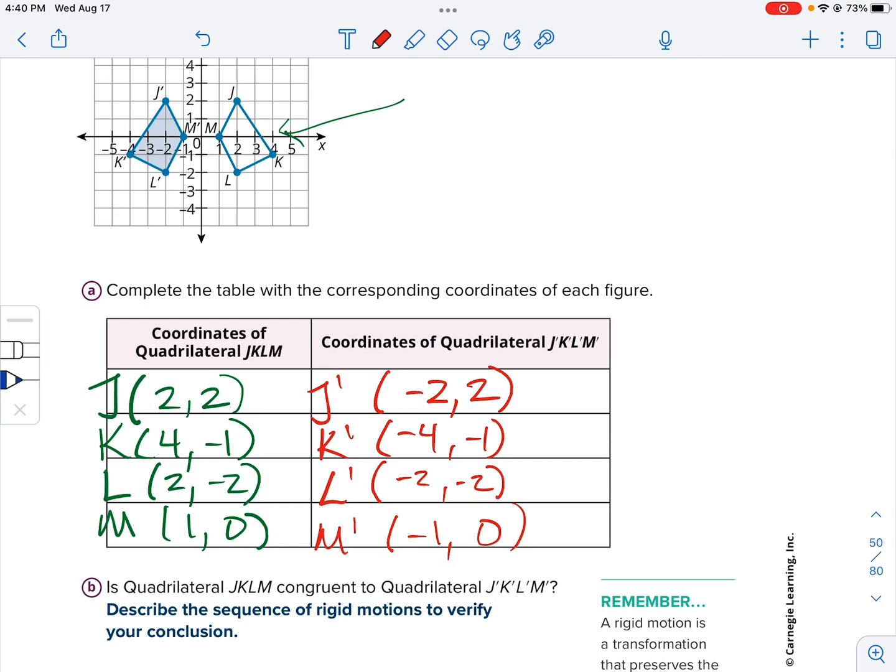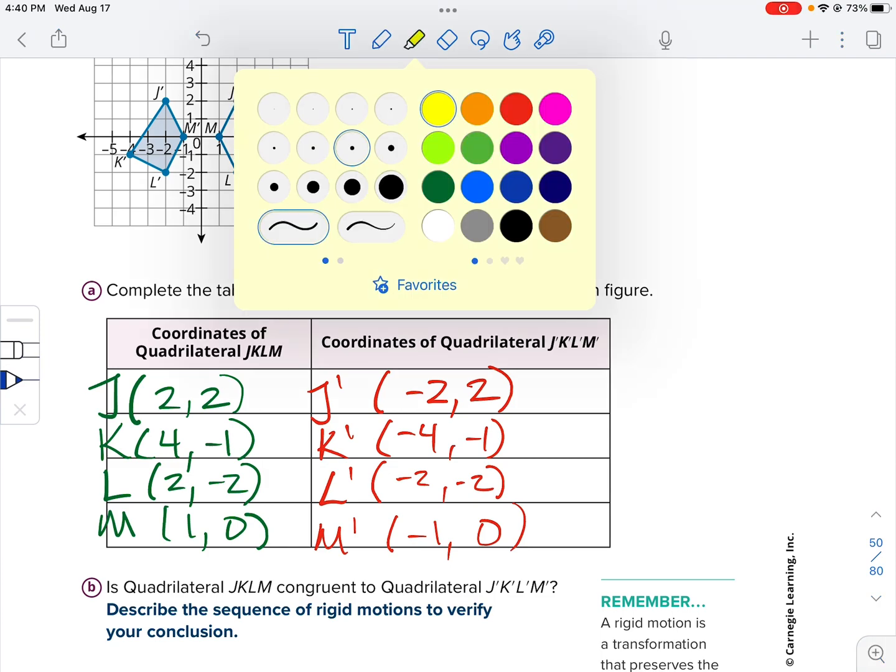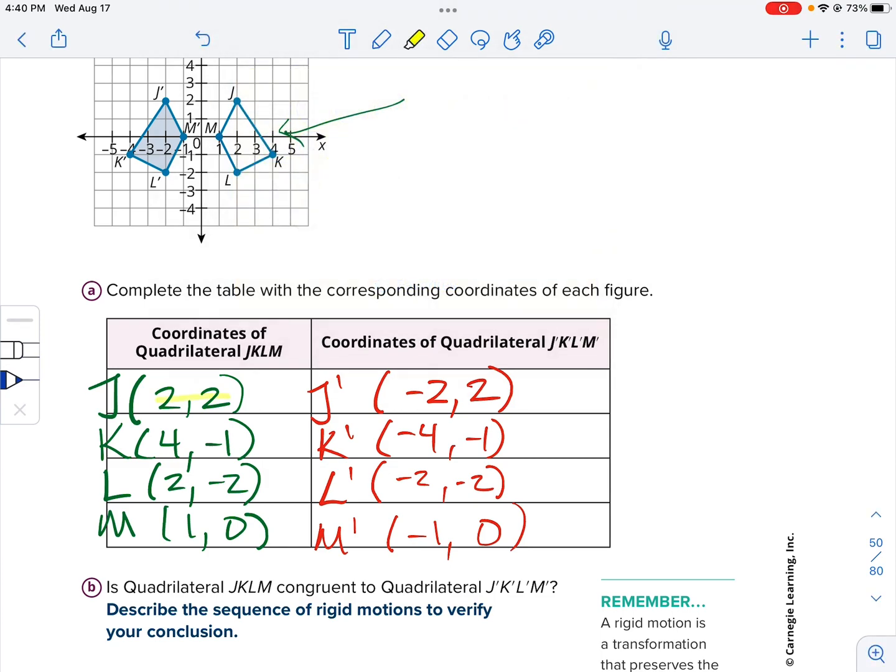So if I'm comparing, let's do some comparing. I'm comparing these two. Which one changed? This one changed. Comparing the K and the K prime, the negative 4 is what changed. 2, negative 2 becomes negative 2, negative 2. This one changed.